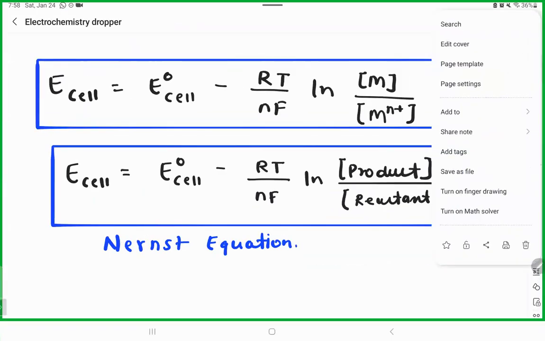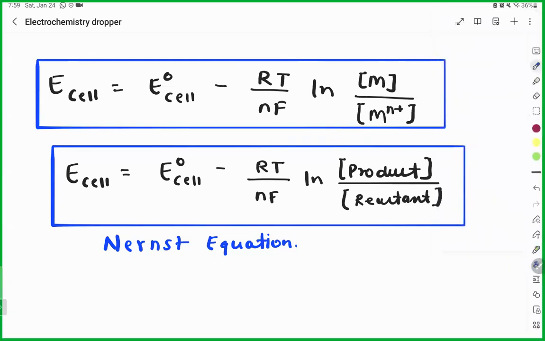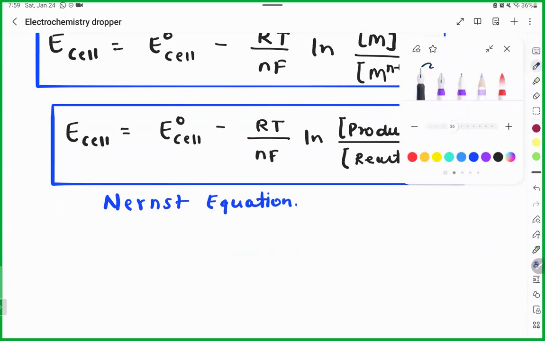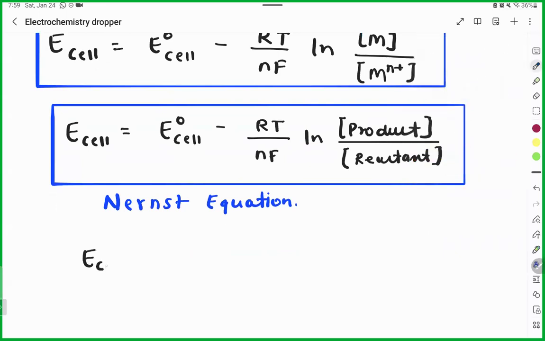Okay, that also makes sense, guys. Wait, I will add one more. That will be easier and we use only that part. Guys, E cell is equal to, in the simplest form, E naught cell minus 0.06 divided by n log product by reactant.